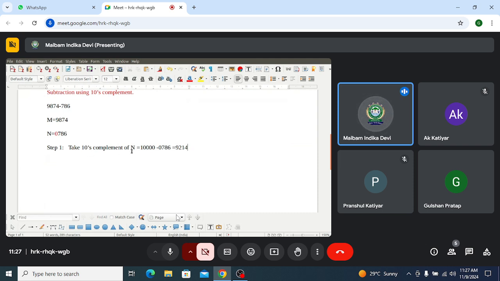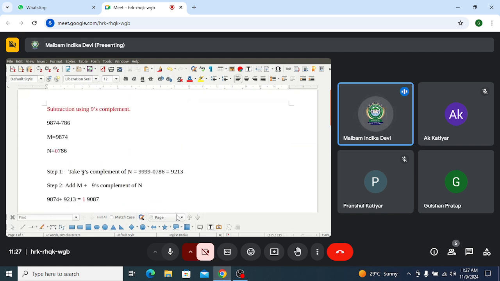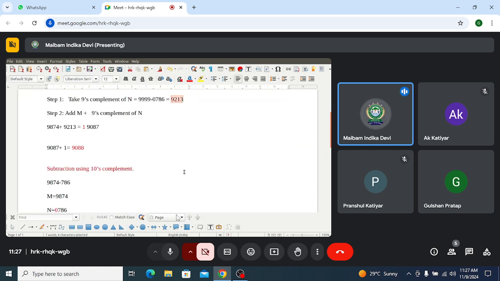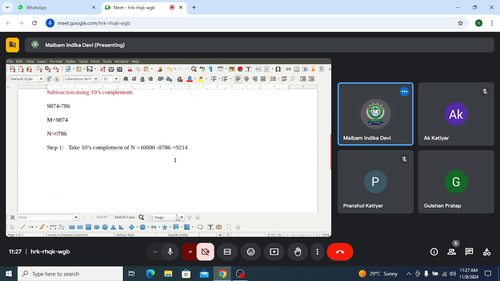Yesterday I told you that the 2's complement of n is the 1's complement of n plus 1, right? So here also, the 10's complement is the 9's complement of this number plus 1. We have already found the 9's complement of n, so you just add 1 to it. 9213 plus 1 is 9214. Clear? Yes, ma'am. That is easy.